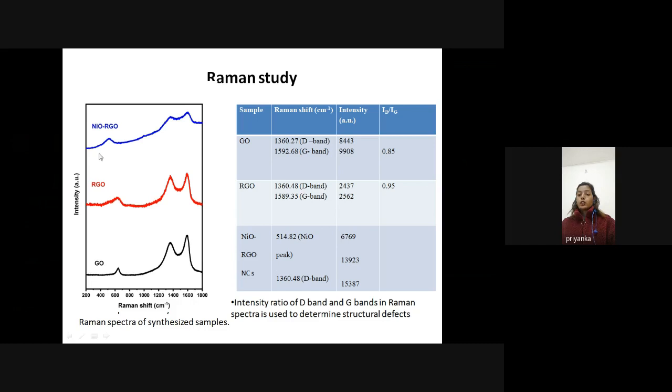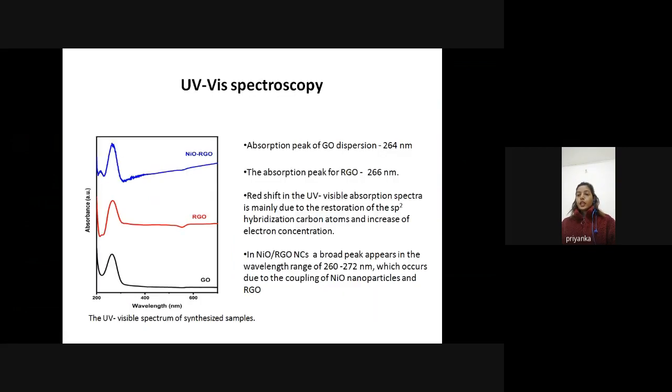In case of NiO-RGO, we have observed one peak at 514.82 centimeter inverse, which occurs due to the vibration of lattice atoms of NiO. In UV visible spectroscopy, we have observed an absorption peak at 264 nanometer for GO, and there is a shift in absorption peak in case of RGO.